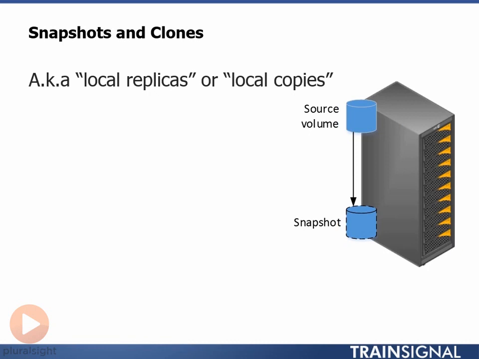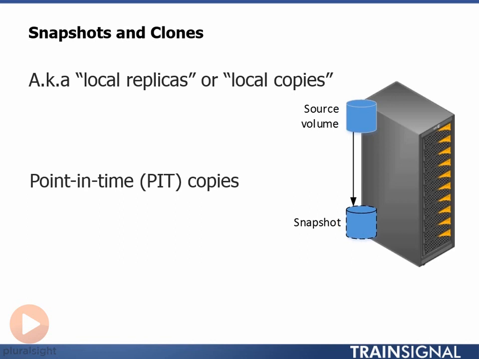This is in contrast to remote replicas and remote copies. Remote replicas and remote copies exist on a different system, sometimes in a different location to the source volumes that they're copies of. In fact, usually in a different location. We also refer to snaps and clones as point-in-time copies or PIT copies.